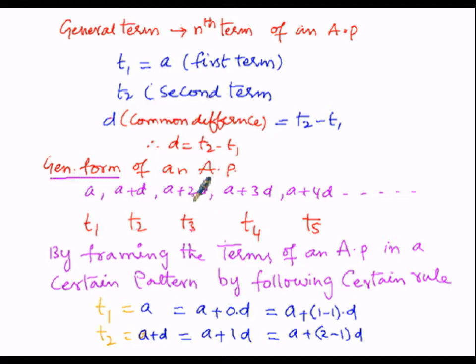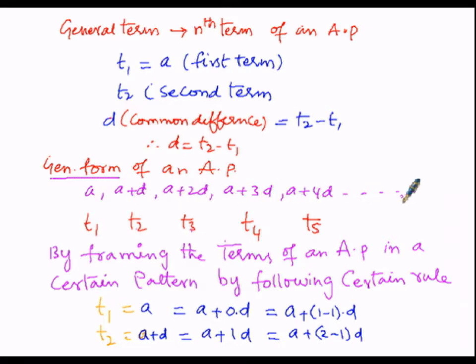We get one less than the serial number. So the third term is a plus 2d. To get the fourth term, 4 minus 1 is 3d. For the fifth term, 5 minus 1 is 4d. For the 10th term, 10 minus 1 is 9d, that is a plus 9d. So this is the general form of an arithmetic progression: a plus d, a plus 2d, a plus 3d, a plus 4d and so on.